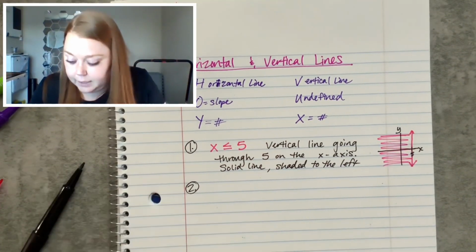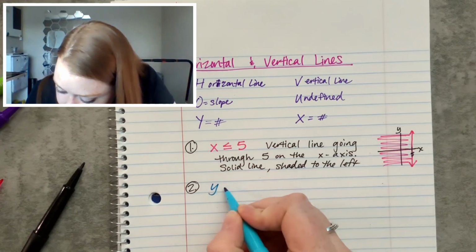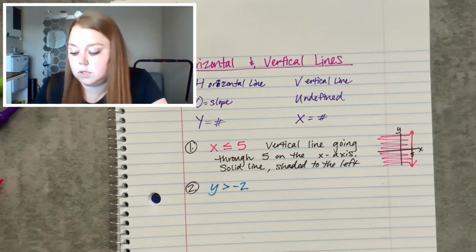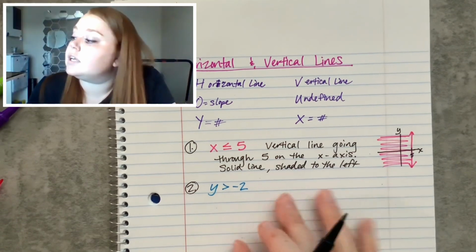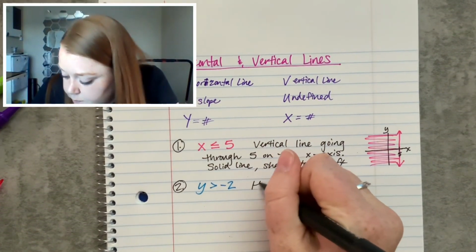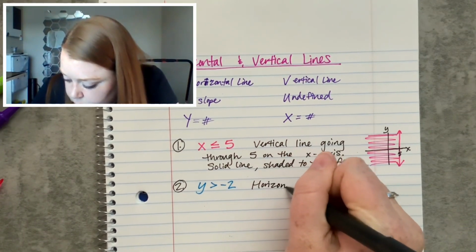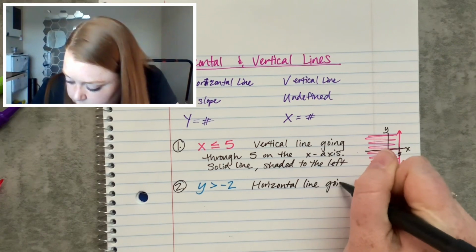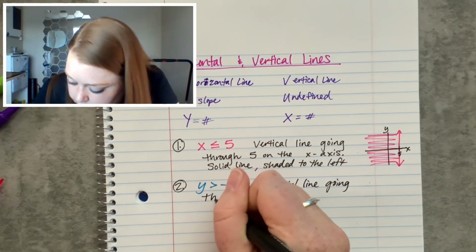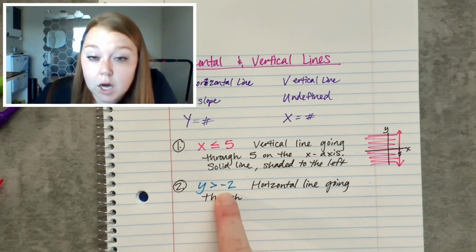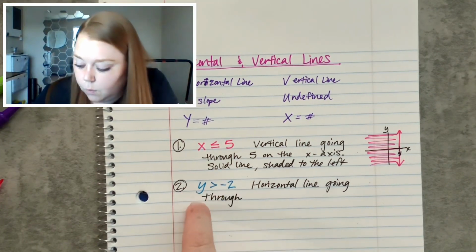Okay. All right, here's number 2. Let's say we had y is greater than -2. Would this be horizontal or vertical? Be horizontal. And where would it be going through? It'd be going through -2 on the y-axis.